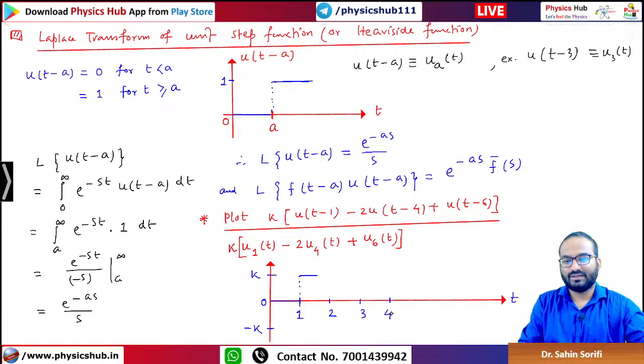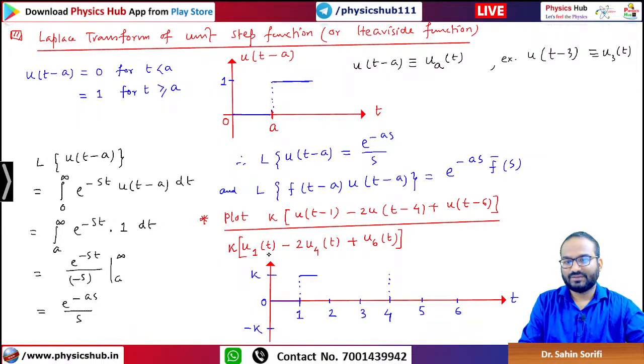So when t equals 4 is crossed, u4(t) will be 1. Okay, and u6 is inactive. u6 means you need to reach t equals 6, then this function will be active, otherwise it is 0. Beyond t equals a, the value of the function is 1; on the left side, it is 0.